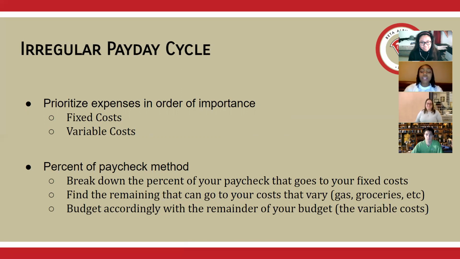So you'll have to sit down and first go over how much you have at the moment and how much you've made. Then the first thing you want to do is deduct your fixed costs because you already know what they're going to be. And then you move on to deducting your variable costs. And hopefully, if you prepare accordingly, you'll have enough room in your budget.